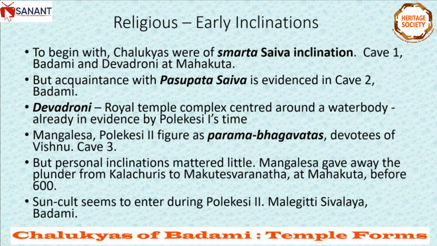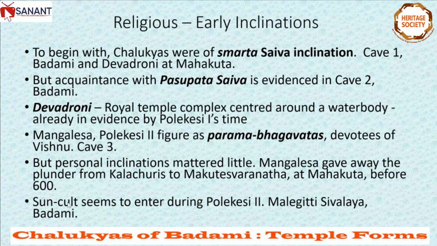Then, despite the fact that some of the rulers may have had inclination to Vaishnavism, you will notice that they were broad enough in their attitude to patronize other religious sects like Shaiva, etc. And that is evident from their inscriptions.